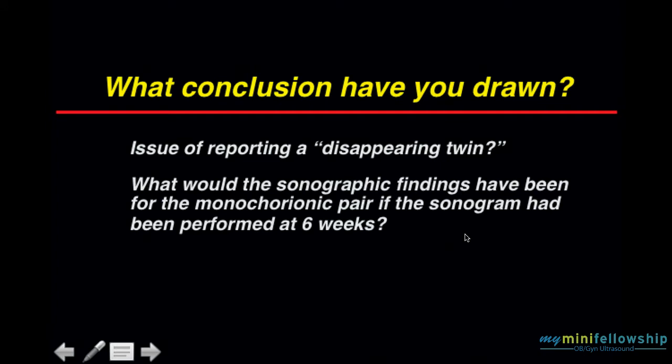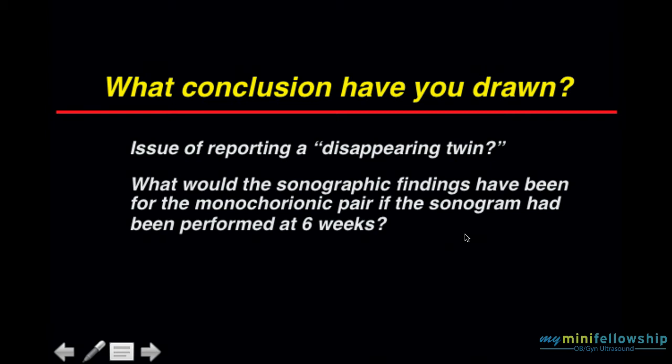What would these sonographic findings have been for a monochorionic pair if the sonogram had been performed at 6 weeks? If we had scanned this at 6 weeks, what would we have seen? When were we scanning it here? Probably at around 7 weeks. The embryos were just starting to be seen, so 6 weeks.